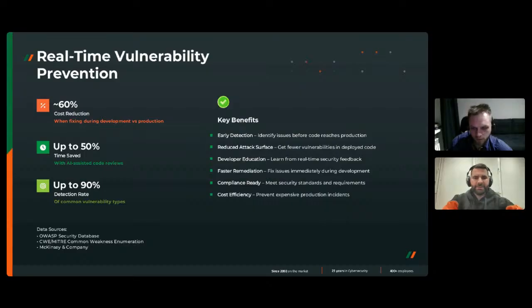From our experience, to be honest, these numbers are a bit lower, but for us that's expected since we typically work with complex systems where vulnerabilities tend to be more sophisticated and harder to catch. So while these figures are approximate and will differ by environment, the trend tells us one thing. AI turns security from a last minute fix into a built-in advantage.